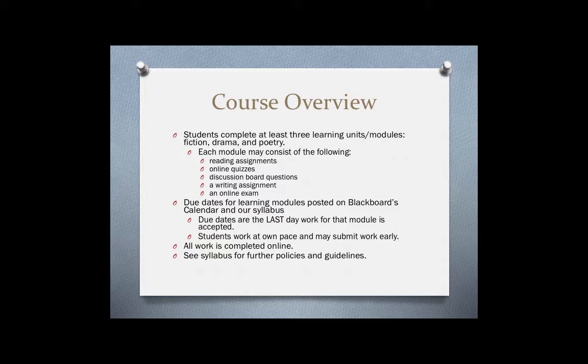Actually, there's also another getting started learning unit that you will see at the very beginning of the semester, and I ask students to complete that, usually in the first week of the semester. Each module, though, may consist of the following: reading assignments, online quizzes, discussion board questions. There will be a writing assignment that goes with each learning unit, and finally an exam over each unit.